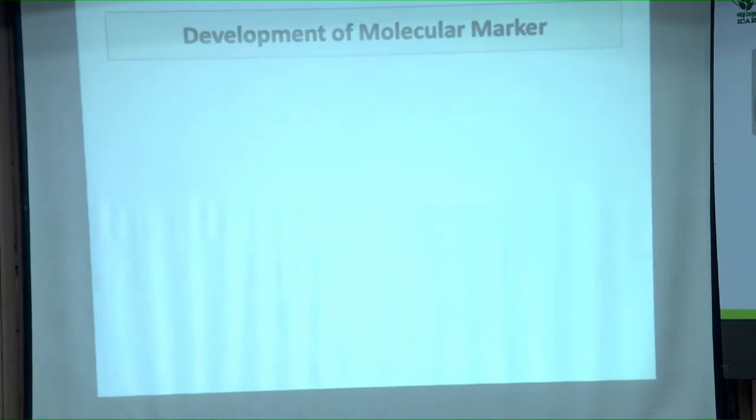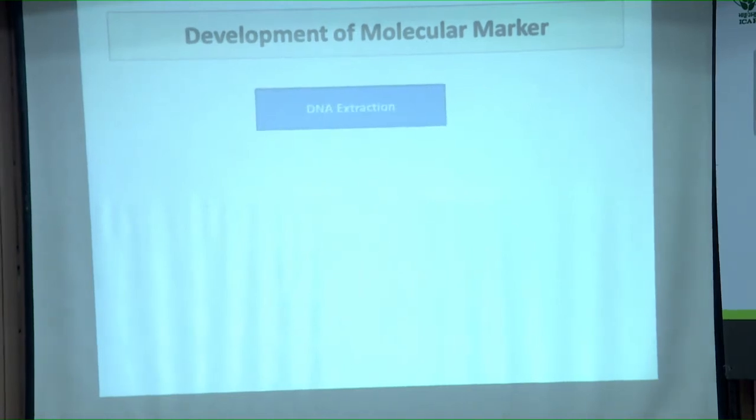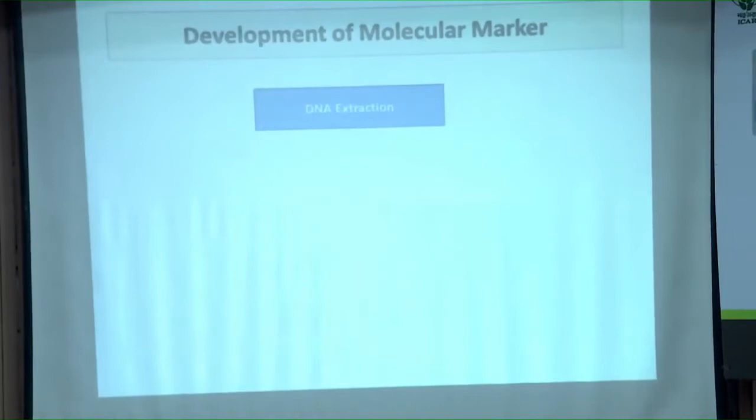So now, how will we develop that marker? The basic requirement for the development of a marker is the DNA. If you do not have DNA, you can't proceed further. So for DNA extraction, we should have a suitable methodology.